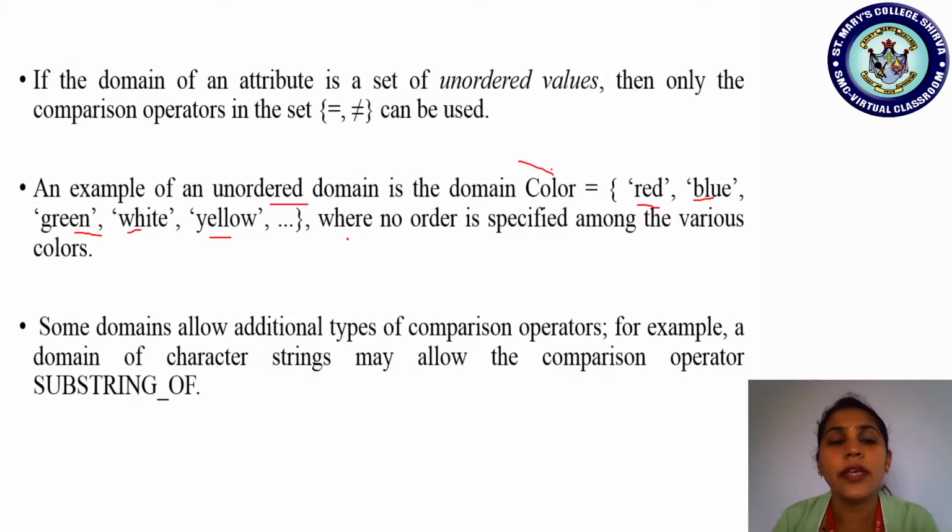Okay, so here where no order is specified among the various colors, some domains allow additional types of comparison operators. For example, a domain of character strings may allow the comparison operator substring of. Any attribute which is of data type character string, for example, first name, middle initial, then last name.